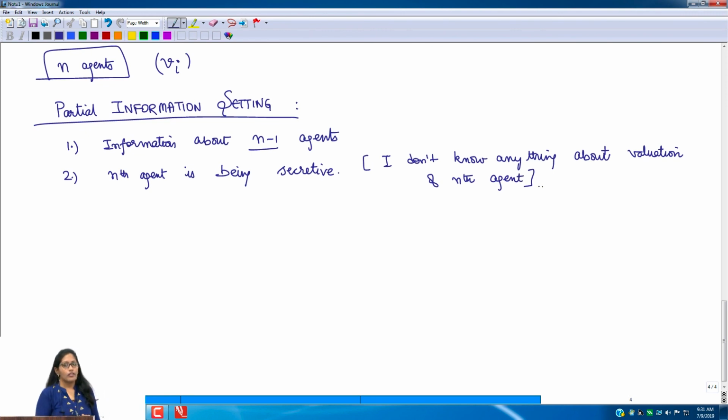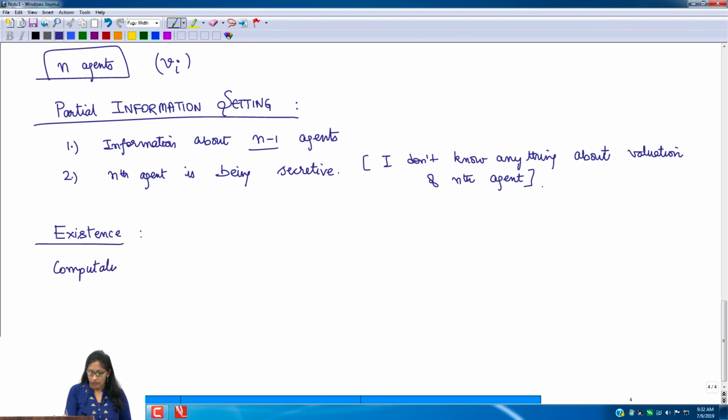So in this particular partial information or secretive setting, we again have the question of existence and computation. What does it mean to exist? I'll be formal in a minute. So what does it mean by a secretive cut?